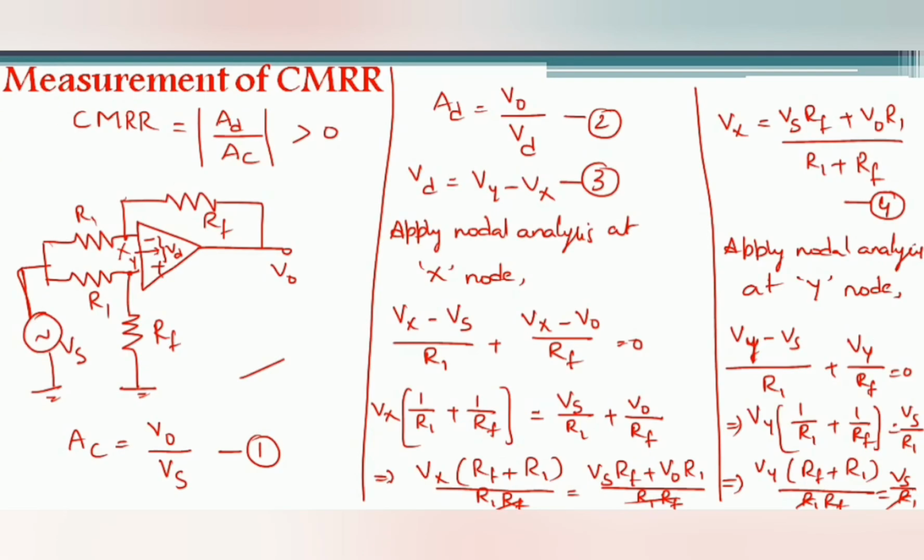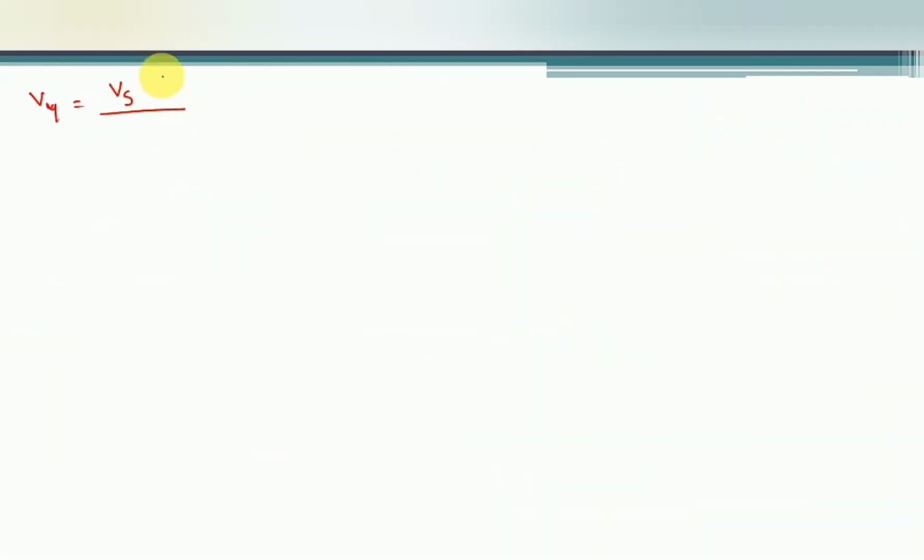So finally the value of Vy is equal to Vs into Rf by R1 plus Rf. Now consider this as equation 5.